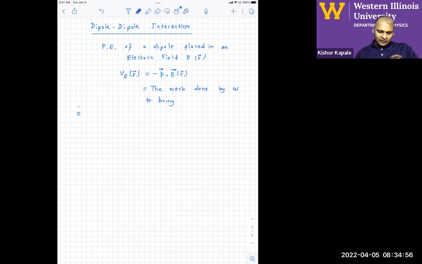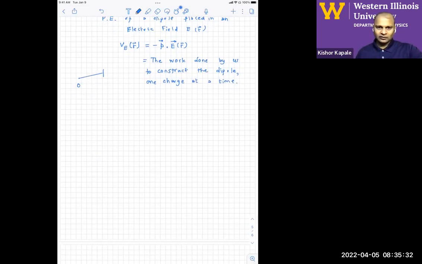So you have the origin here, the dipole is constructed out of, okay, by us to construct the dipole one charge at a time. Okay, and that's how you can calculate it. That's something you can figure out.